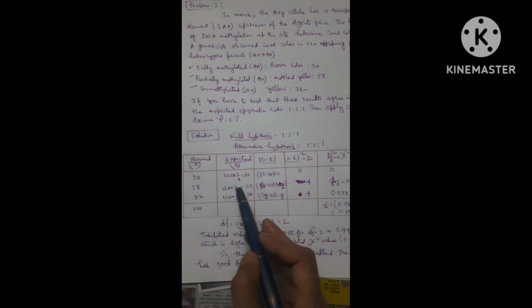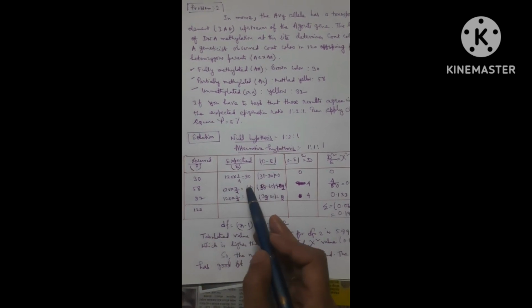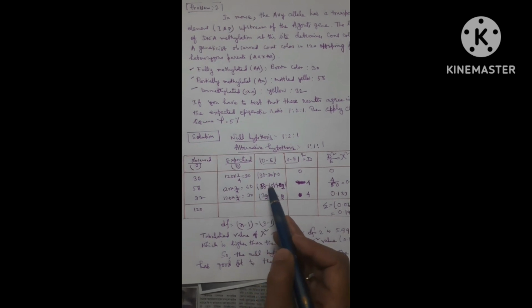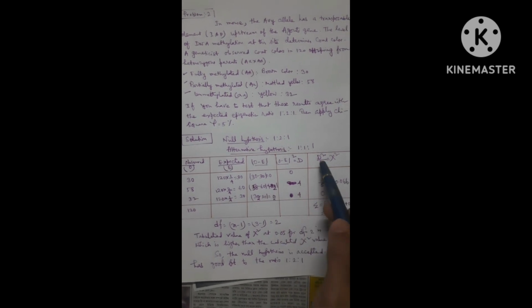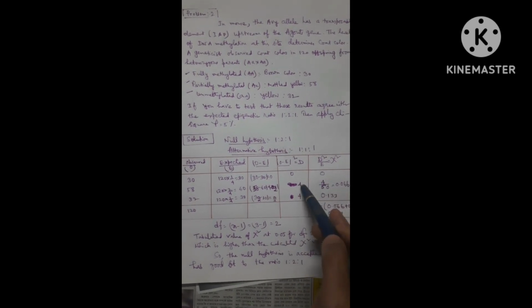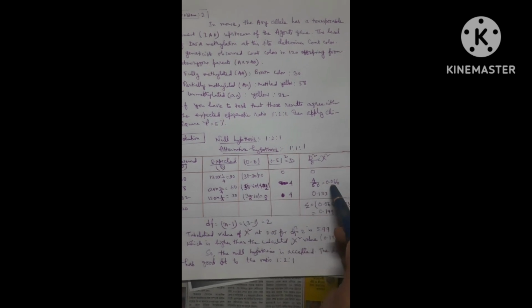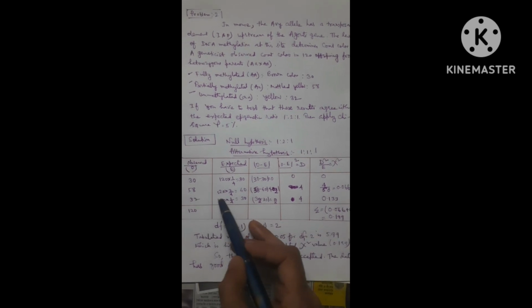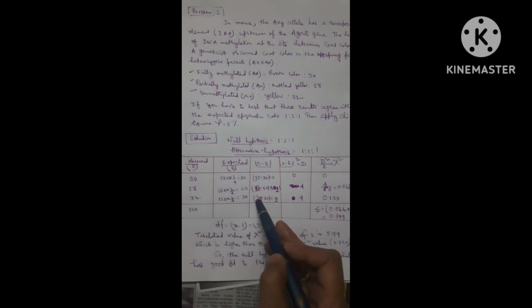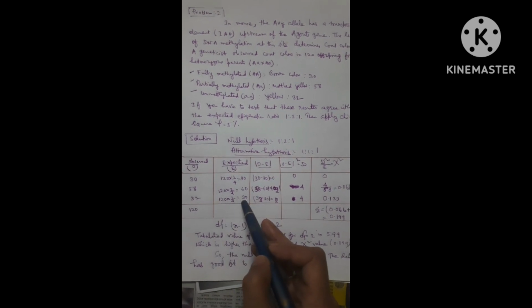Now for this O minus E, O means 58, E means 60. 58 minus 60 is minus 2 within mod. Square means 2 square means 4. And now chi-square is 4 divided by the expected value 60. Okay, which is 0.066. Okay, now here O is 32, E is 30.